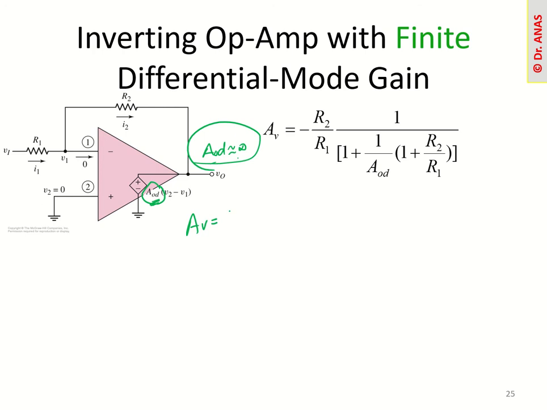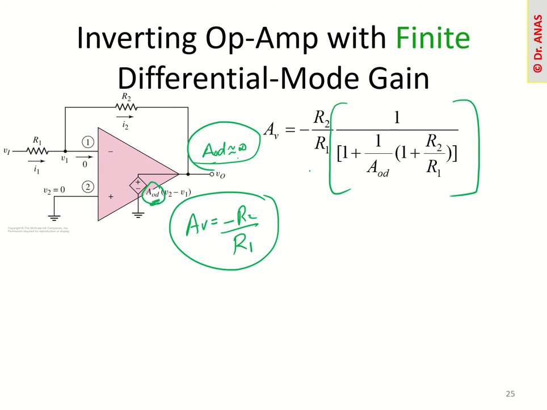If we have infinite differential gain, the gain of the inverting amplifier is minus R2 over R1. We know that. But if we have finite differential gain, then the gain becomes 1 plus 1 over the open-loop differential gain, multiplied with 1 plus R2 over R1.